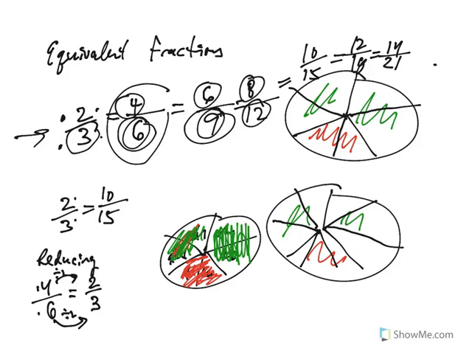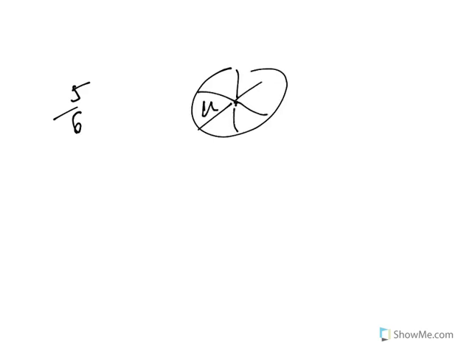And that's called reducing fractions. And sometimes you can reduce fractions. Like if I have something like 5/6, I'm not able to reduce it.